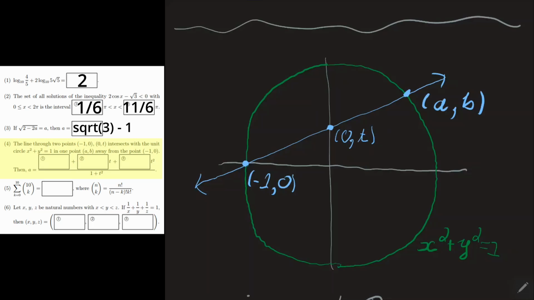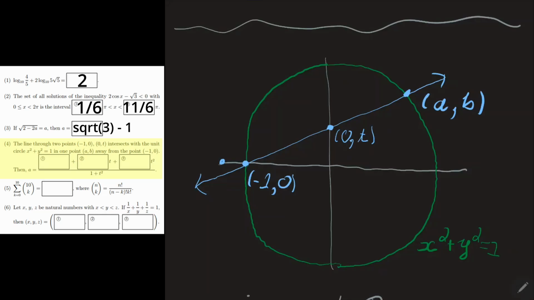x squared plus y squared equals 1. So any x value smaller or more negative than negative 1 has no chance of intersecting the circle at all, right? If we had an x value somewhere over here, obviously that can't intersect the circle since the circle stops at negative 1. So that means a must be bigger than negative 1.